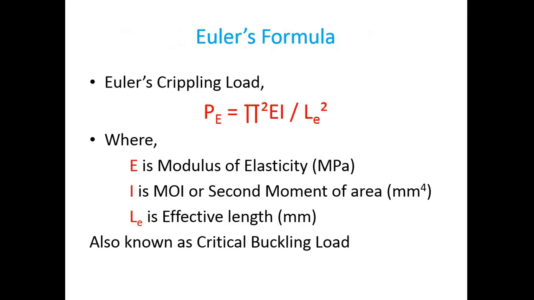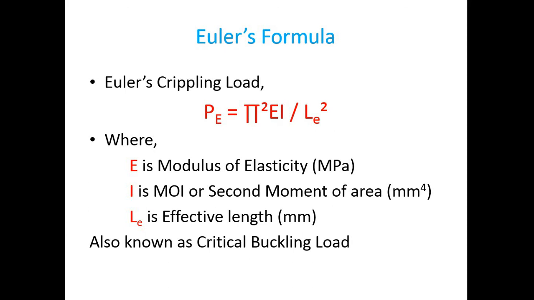Now here we have Euler's formula in order to find out the crippling load PE. The relation is PE equal to pi square EI divided by LE square, where E is the modulus of elasticity, I is the moment of inertia, and LE is the effective length.